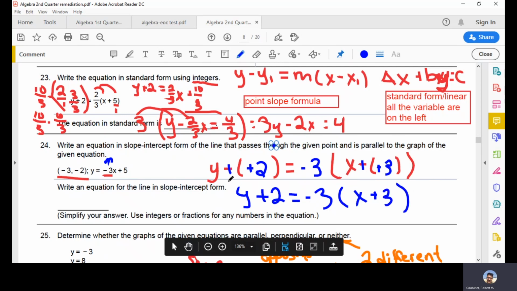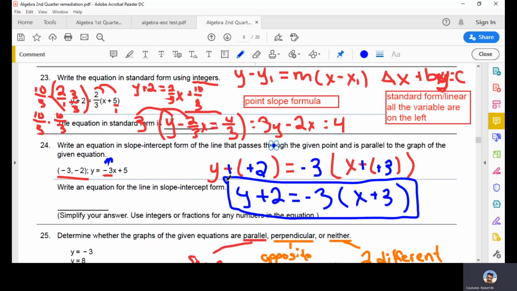And now there is the nice final answer. It's sitting here in proper form. There's no extra sets of parentheses. You properly distributed this hidden -1, and you're good to go.